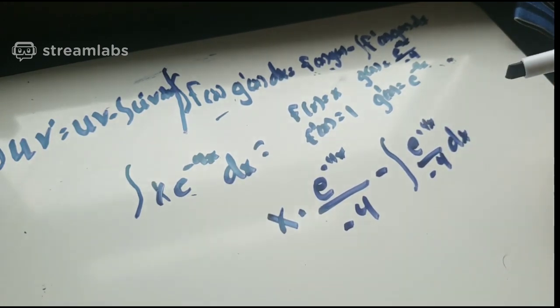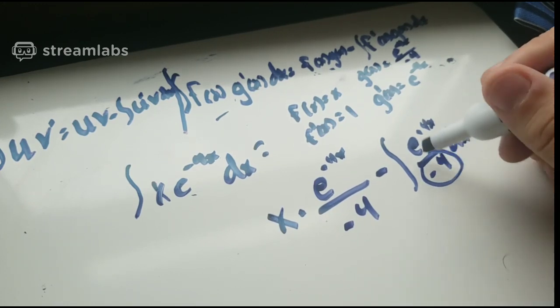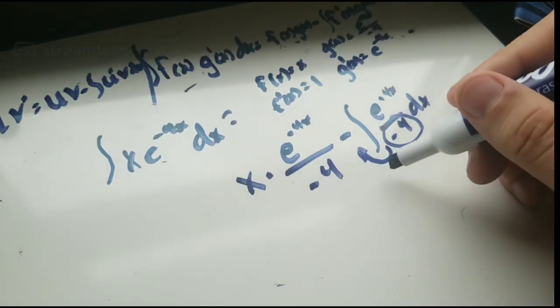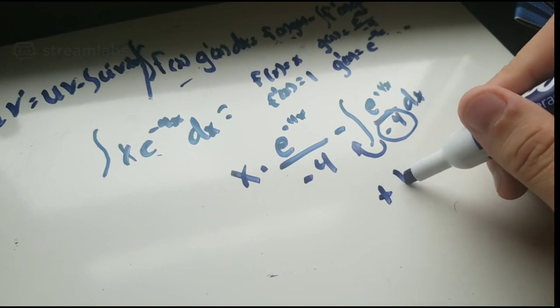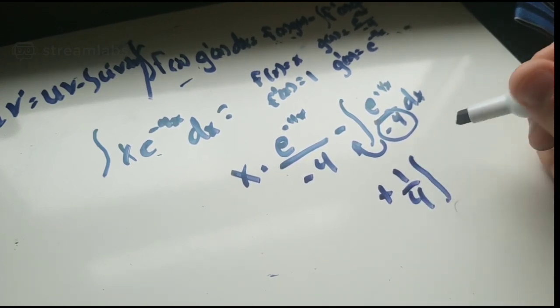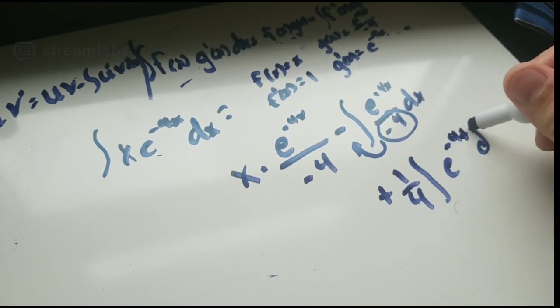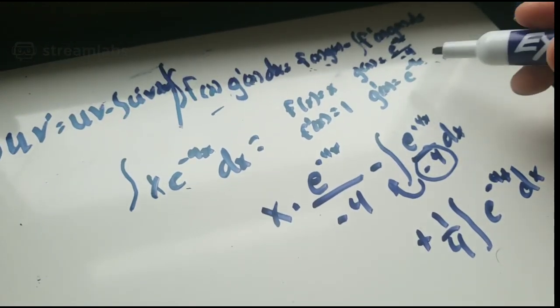Okay. What's really beneficial is I could take this negative 4, and that's a constant being multiplied. So I could remove it here and rewrite this part as, this is negative negative, so that's positive, plus 1 over 4 times the integral of e to the negative 4x dx. Wait a second, I actually already did the work for the integral here.